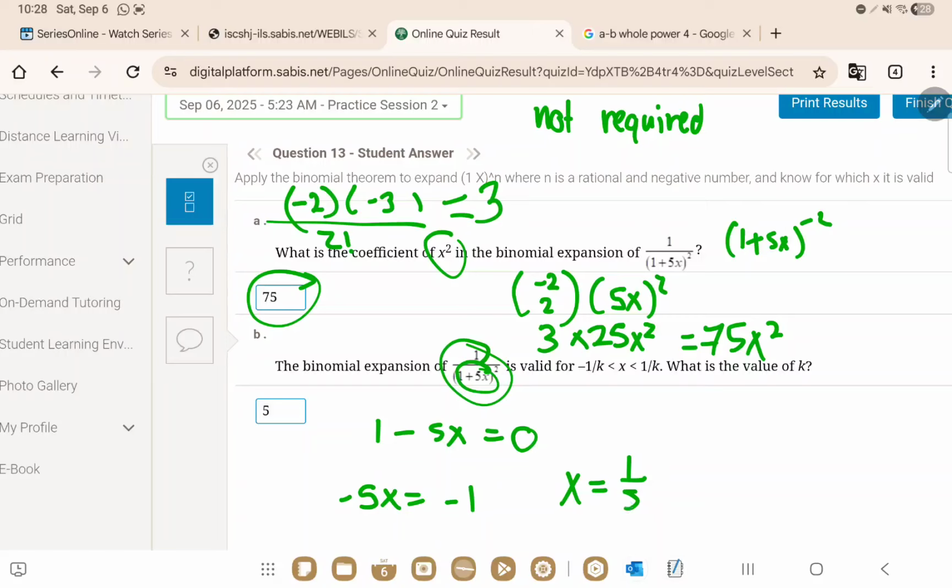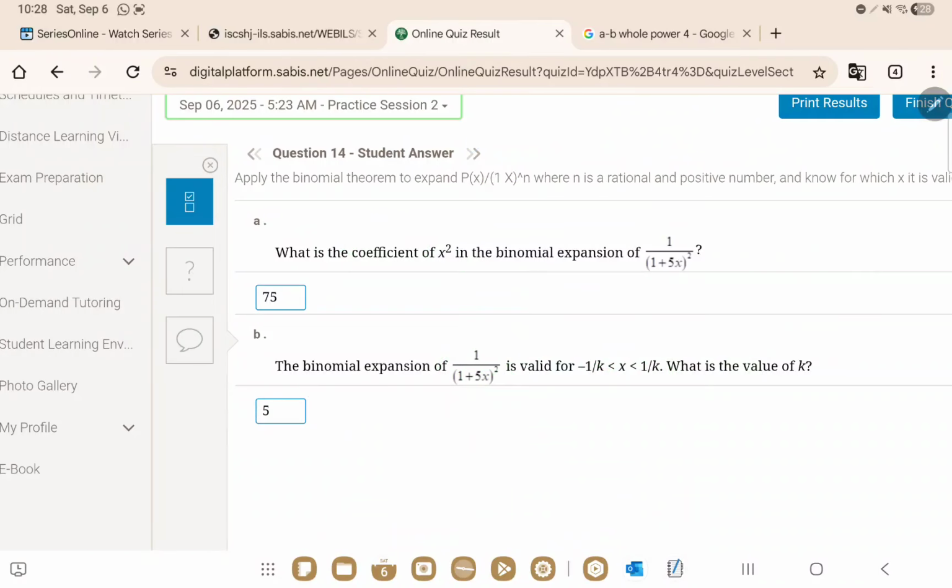Now, whenever it is a binomial expansion, x has to be between the negative and the positive of your value, between negative 1 over 5 and 1 over 5, because it's a binomial expansion. So the k is the 5 in this case, and that's your answer. Let us move on to the next question.